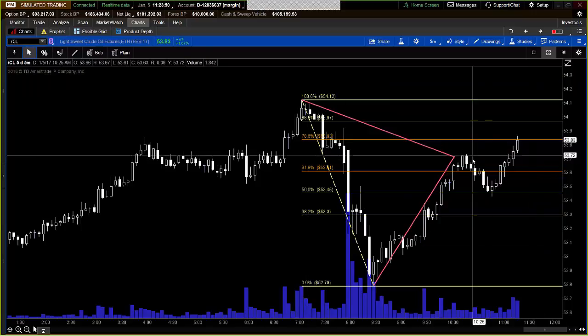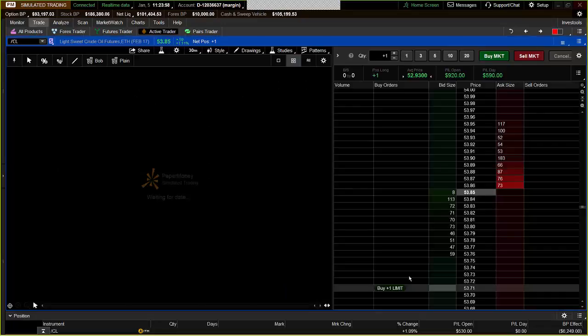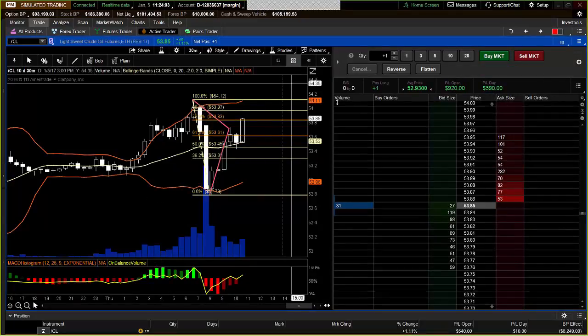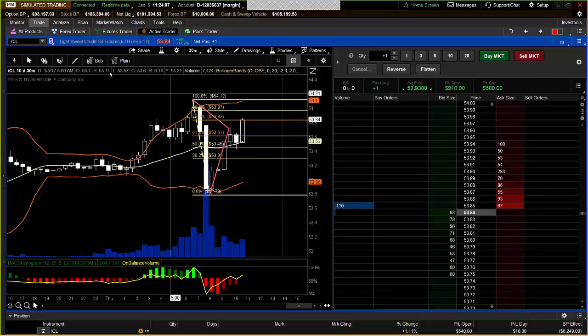And now we'll look at potential here. So what I would do is go to the trade tab, and go to active trader, and now I could actually trade this. There's a trade on here already, but I can go to another account and we could actually trade it.